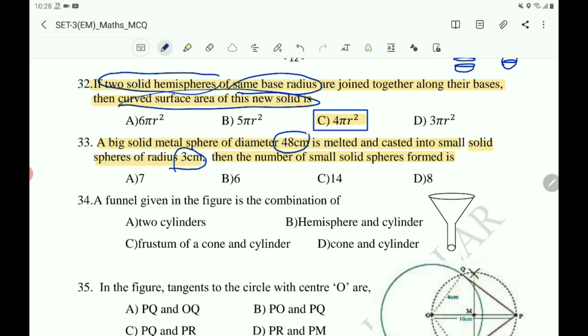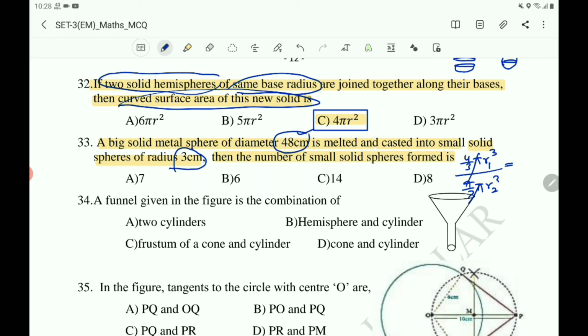So here what you have to do? Volume of the bigger sphere divided by the volume of small sphere. You know the formula for the volume of the sphere, that is 4 by 3 pi r cube. Take this as r1, this as r2, so these cancel.